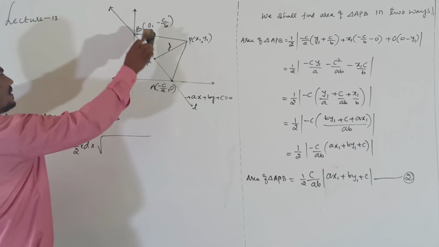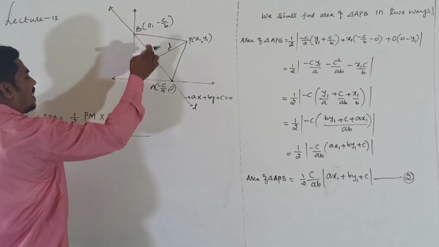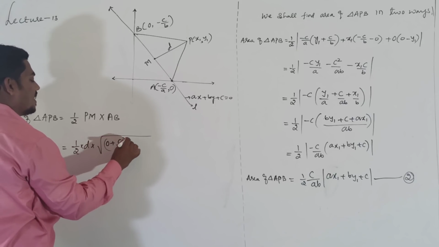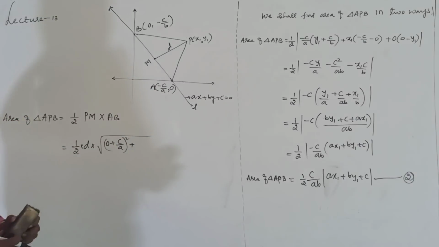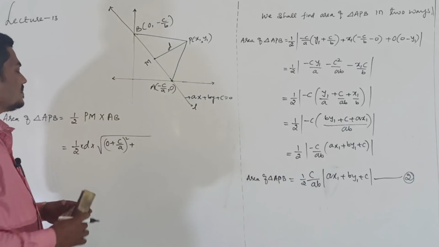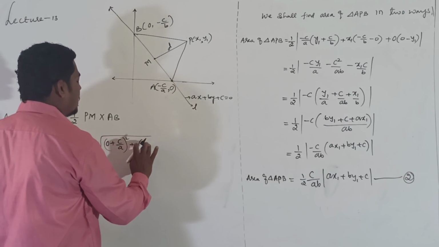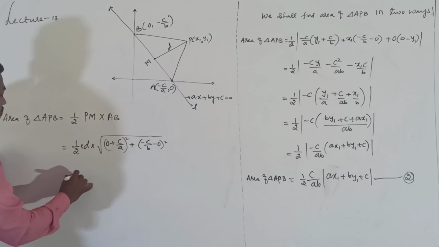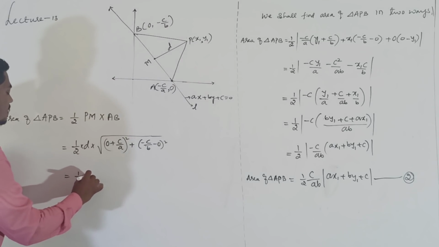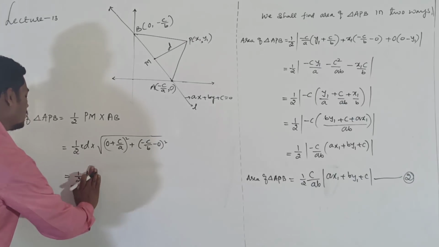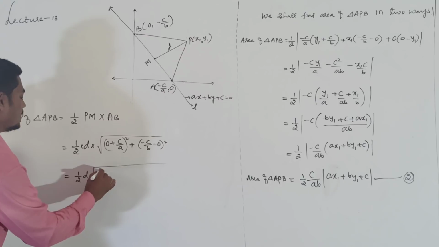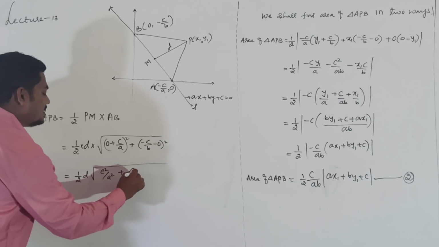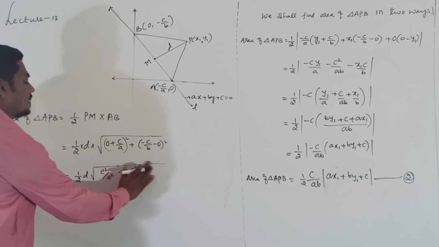Sorry, this is x1 y1, x2 y2. x2 minus x1 whole square means 0 minus of minus, it becomes plus c divided by a whole square plus, next y2 minus y1 whole square, that is minus c by b minus 0 whole square, that's equal to 1 by 2 into d into square root of c square divided by a square plus c square divided by b square, right?